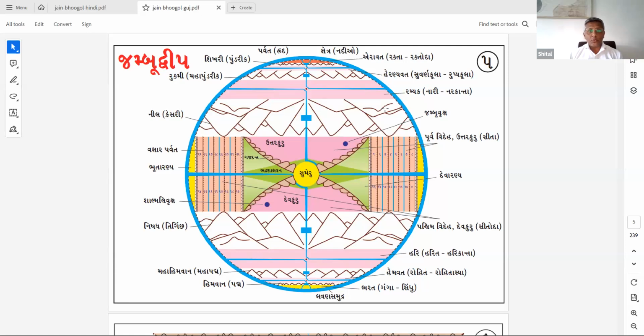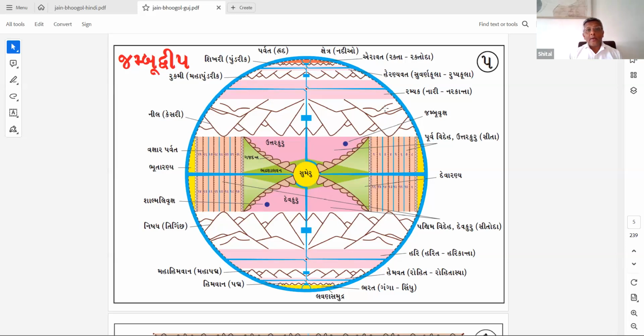If you work out how many in Jambudweep, all you have to do is multiply by 5. So where are the possible Karma Bhumis in Jambudweep? In Bharat Kshetra, in Airavat Kshetra, and in Videh Kshetra. Yes, so there's 3. And you times it by how many? 5, so 15. So you can have maximum 15 Karma Bhumis.